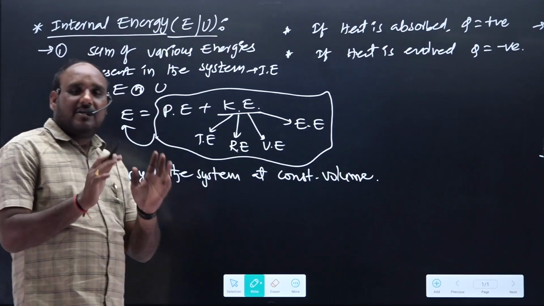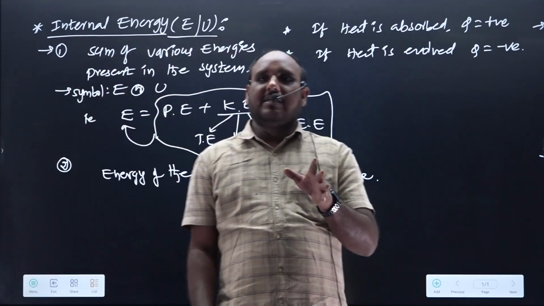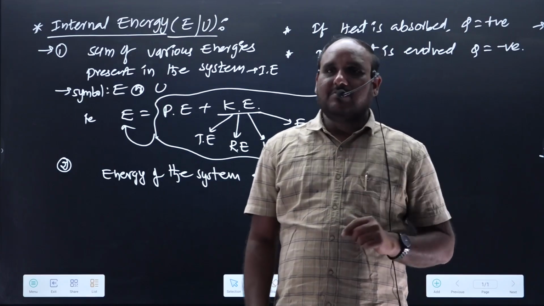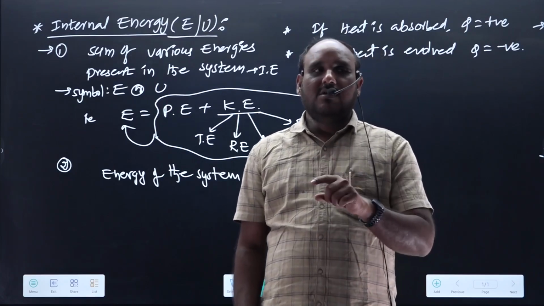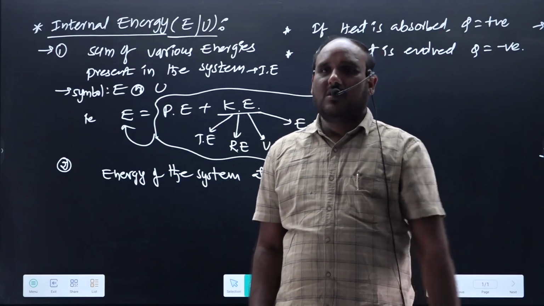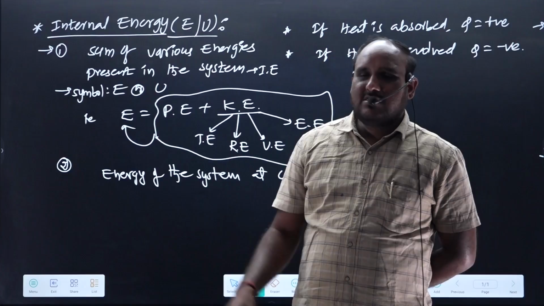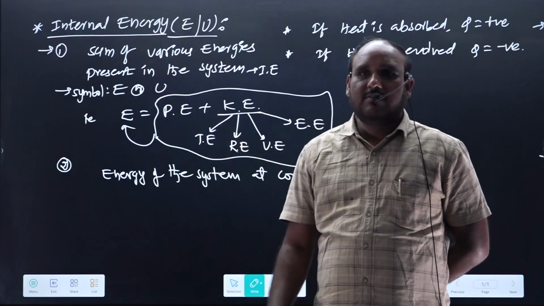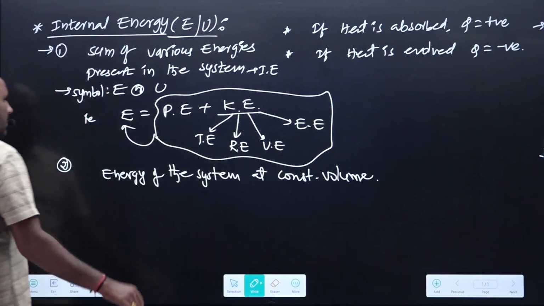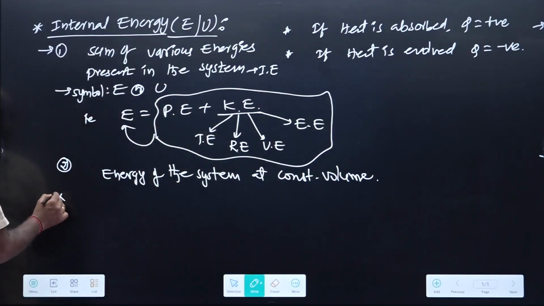Whatever the system is, we consider its system energy at a constant volume. Whatever energy the system has at constant volume is also called internal energy. Or else, the sum of various energies present in the system is called internal energy, right? So that is denoted with E, right? Write down.